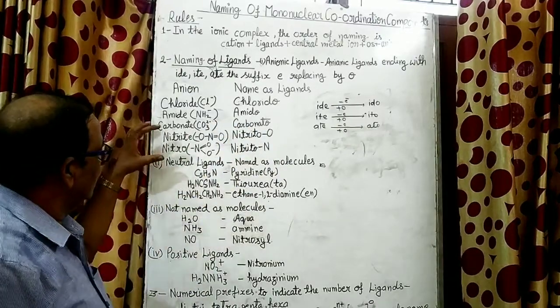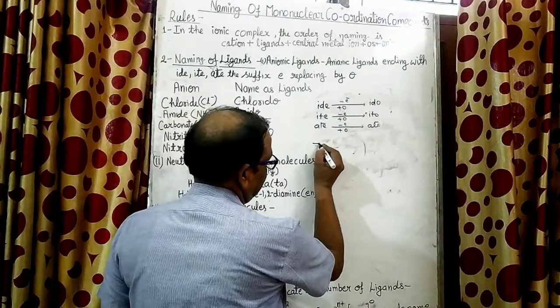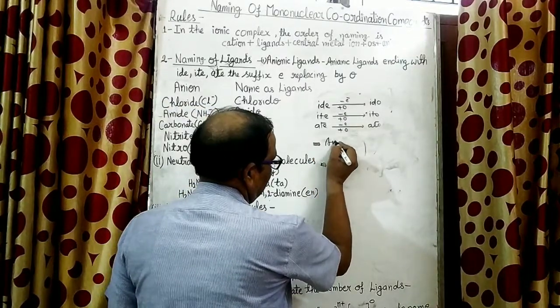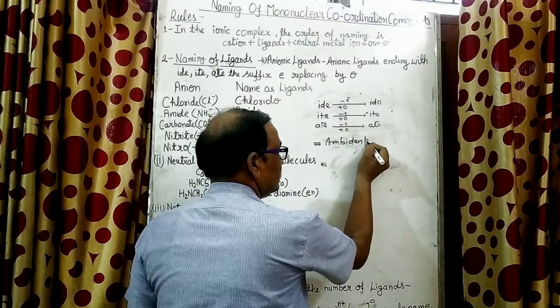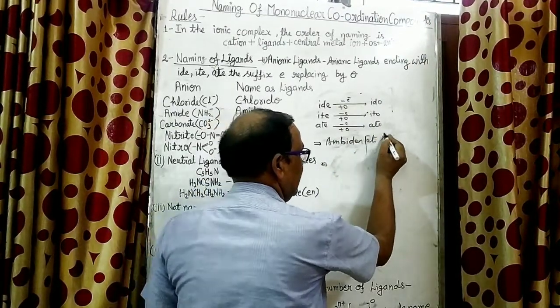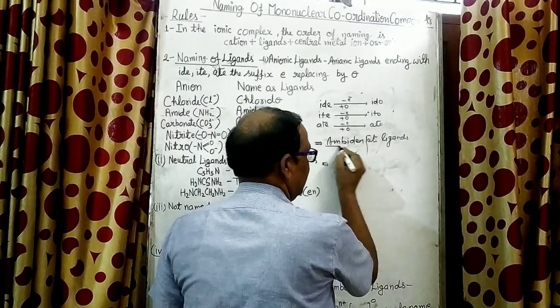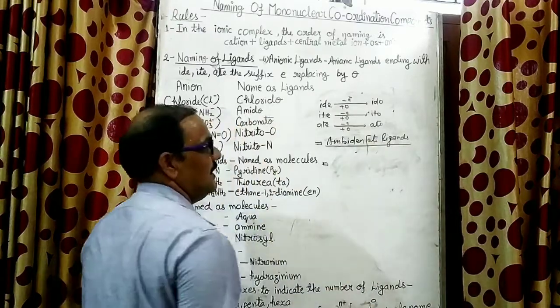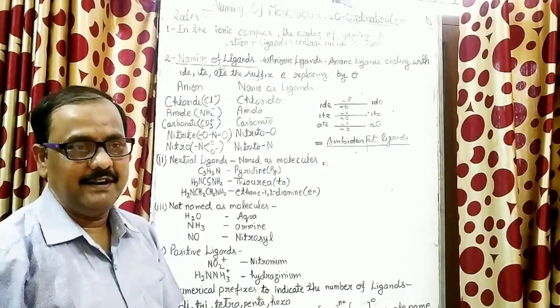But especially in case of ambidentate ligands, it is a type of monodentate ligand, but the modes of linkage are different.